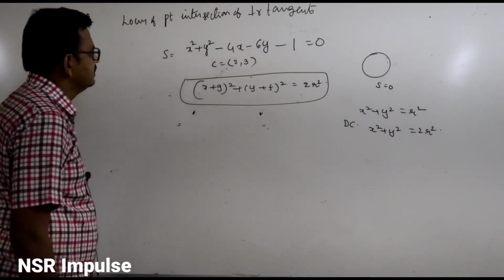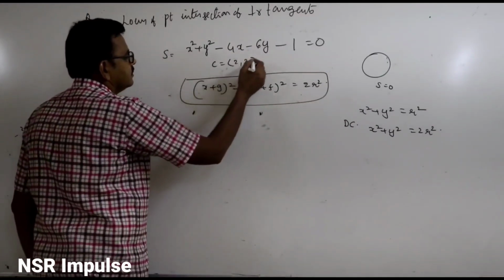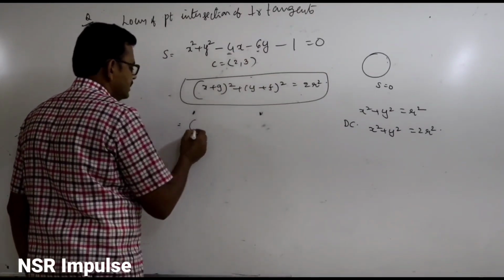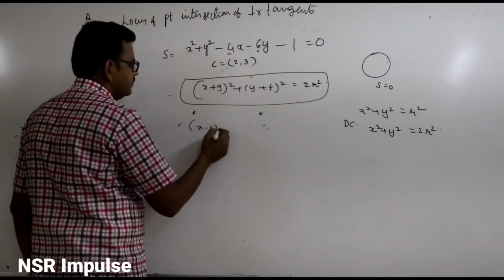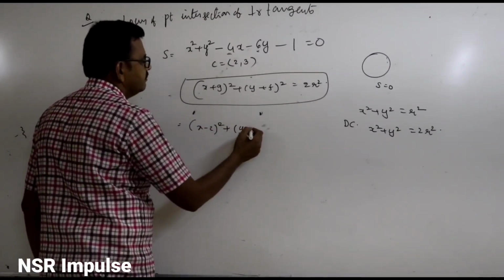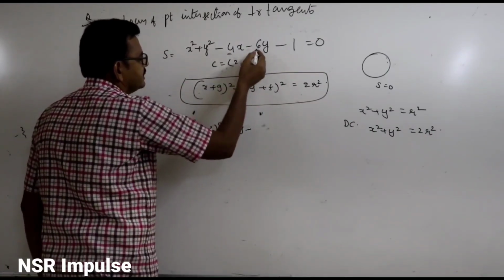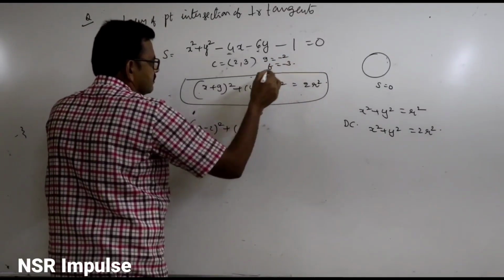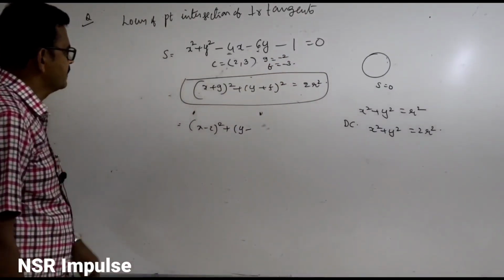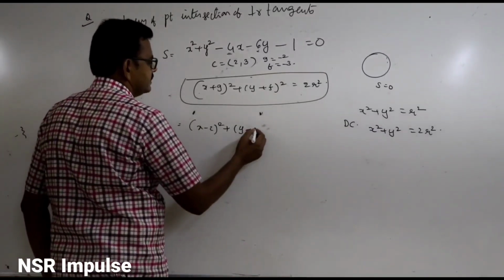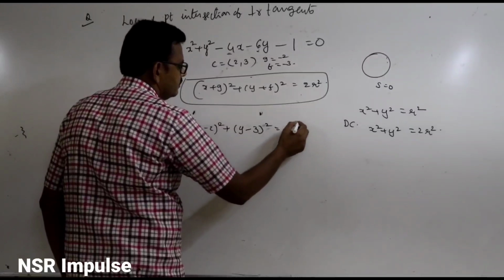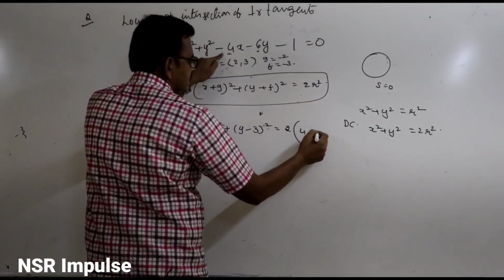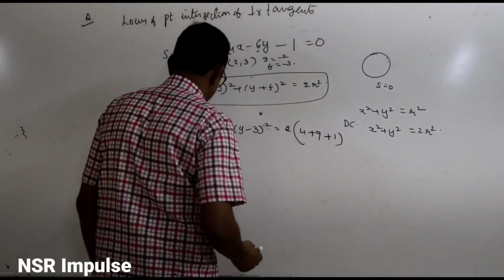Therefore, the director circle is, g value minus 2, f value minus 3, so that is x minus 2 whole square plus y minus 3 whole square is equal to 2 into r square, where r square is g square plus f square minus c, that is 4 plus 9 minus of minus 1, plus 1.